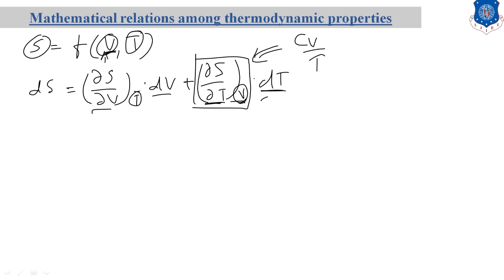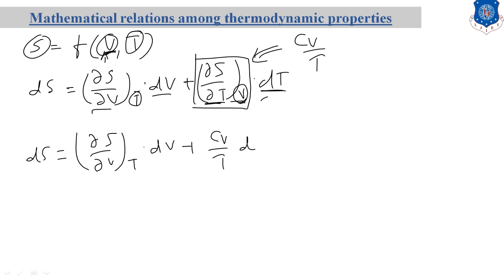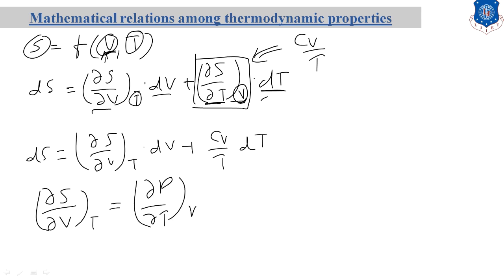So this equation becomes dS is equal to del S upon del V at constant temperature into dV plus Cv upon T into dT. And we know the Maxwell equation, which can be given by del S upon del V at constant temperature is equal to del P upon del T at constant volume.